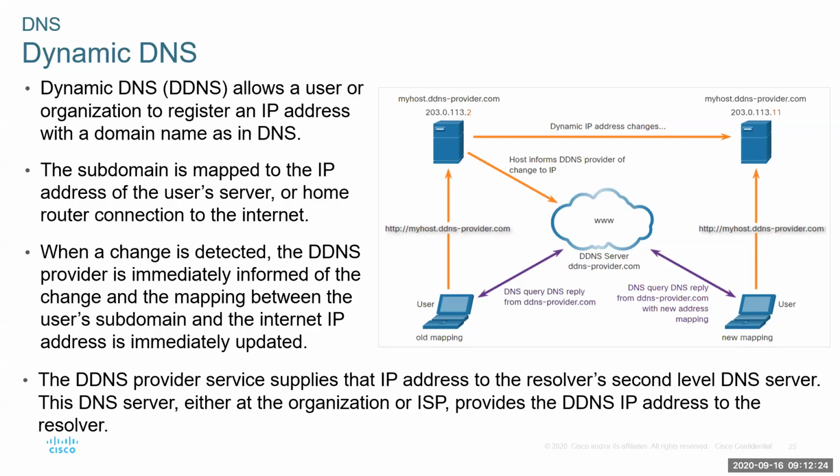Therefore, your IP address could change, and therefore you need to update that with the DNS service. And so typically you have these dynamic DNS providers. This would be one of the main ones, so like DDNS provider. What's going to happen is your user over here has an IP address. You're going to map that out to a provider.